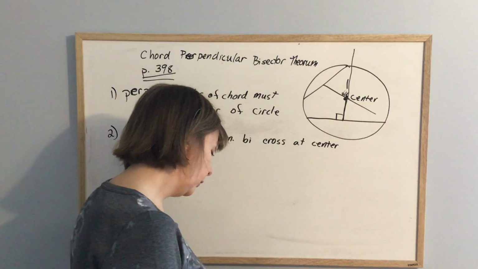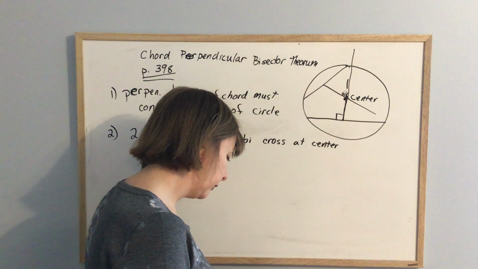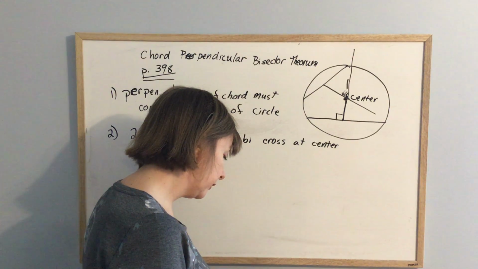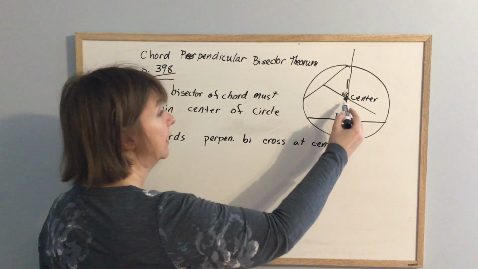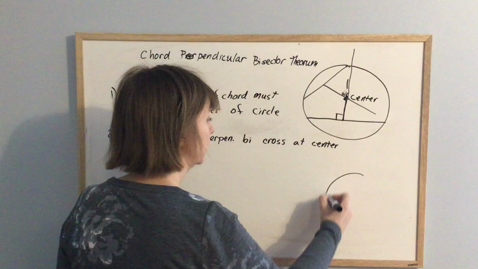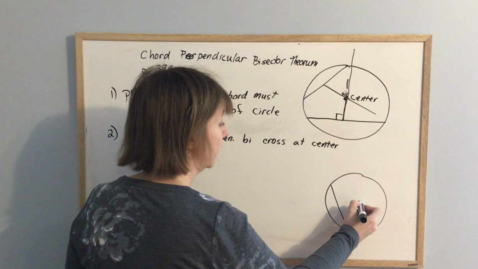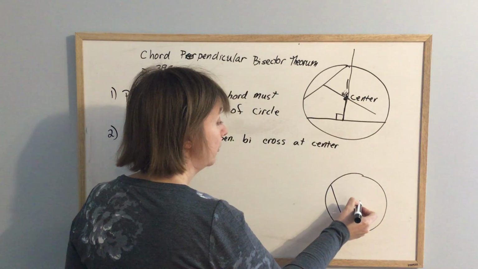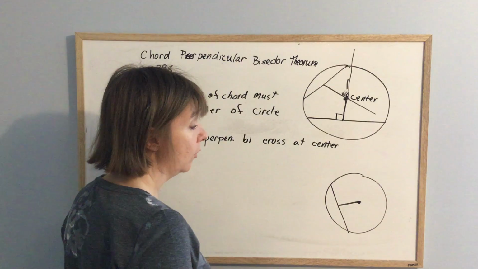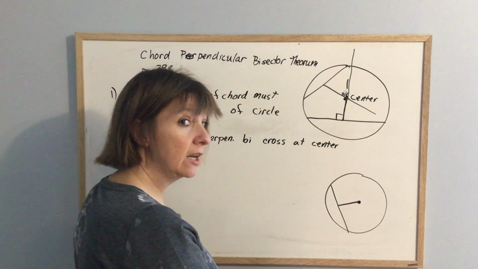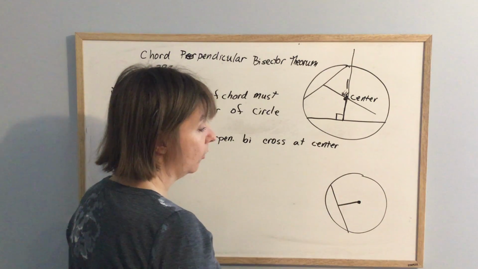And finally, well, not finally, the third one: the perpendicular from the center of a circle to a chord bisects the chord. In other words, if I have a circle and I draw a chord and I know that the center is here, if I draw a perpendicular line from the center to that chord, it automatically is cutting that chord in half.